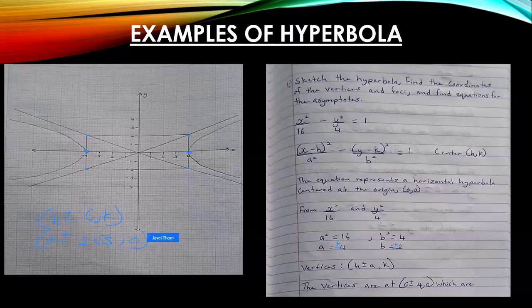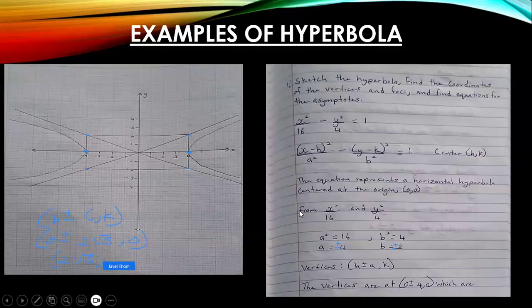So our foci are going to be positive 2 root 5 comma 0, and the next one is going to be negative 2 root 5 comma 0.